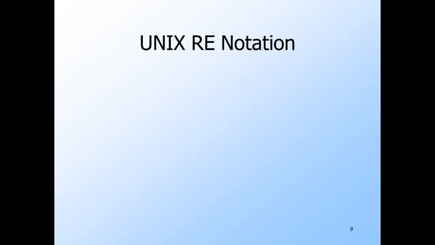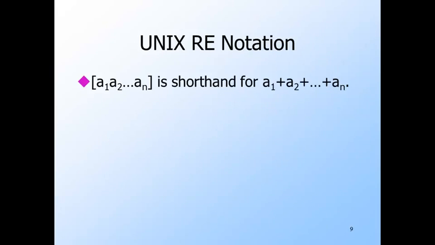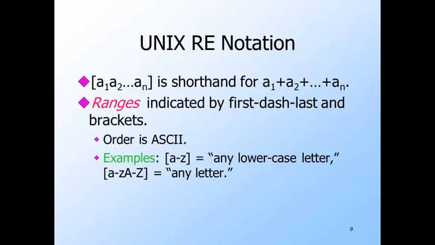We're now going to meet some of the Unix extensions to regular expressions. You can put brackets around any list of characters as a shorthand for the same characters connected by plus signs in the notation we have used until now. You can also describe a sequence of symbols that are consecutive in the ASCII order of characters by giving the first character, a dash, and then the last character.